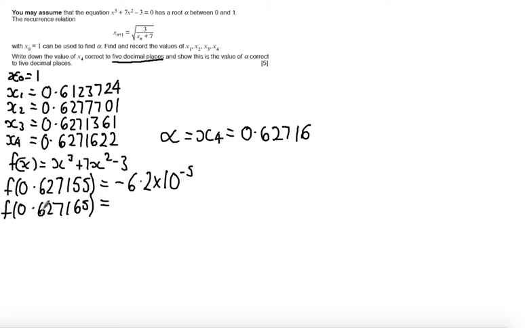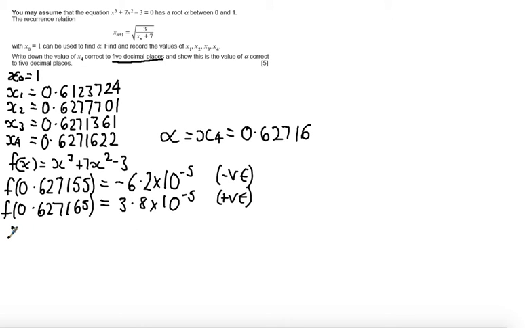Now, if there is a root lying between this upper and lower bound, then I'm expecting my next answer to be positive. So when I substitute in 0.627165, I do get a positive answer, and I get 3.8 times 10 to the minus 5. So I have a negative solution, I have a positive solution.